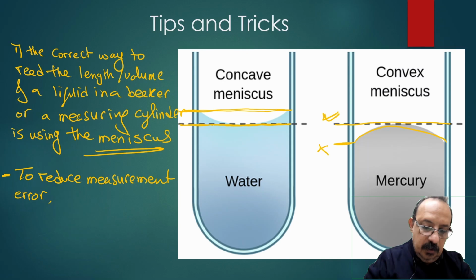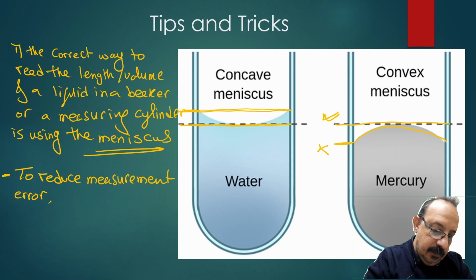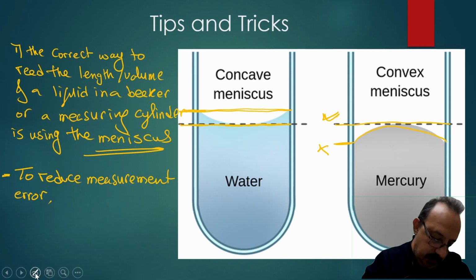So if you are given a volume or a water level inside a measuring cylinder, and you are asked to find the volume, or the height, whatsoever the reading is, never take a reading from this side.